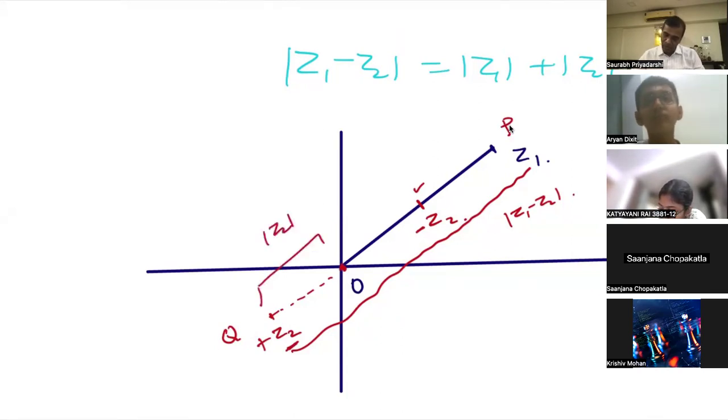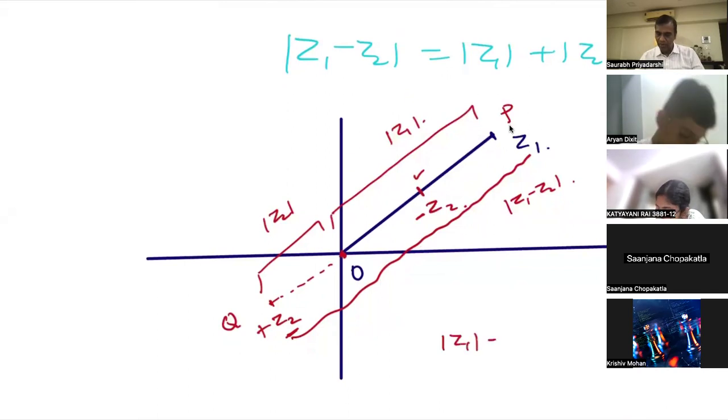This is mod Z2. What is this length? This is mod Z1. Can I say mod Z1 plus mod Z2 is equal to mod of Z1 minus Z2? From this, I can say Z1 is going in this direction and Z2 in this direction. What's the meaning of this? What is the angle between Z1 and Z2?